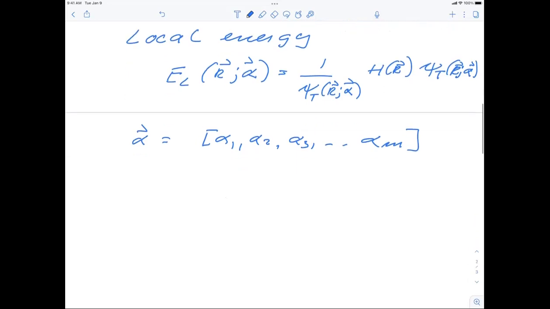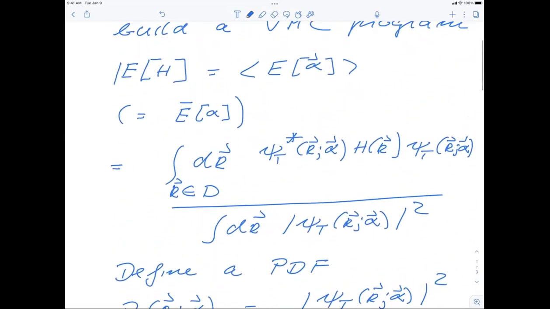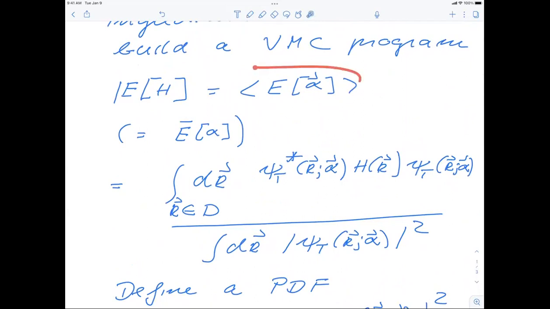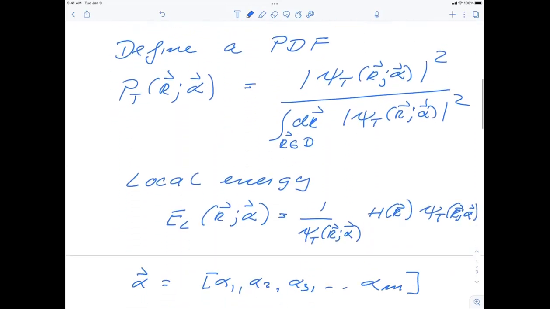So when we now look at the expectation value of the energy, if we go back a little bit and look at the quantities which we have here, then this expected value can now be rewritten in terms of this local energy and the probability. It's pretty easy to see if you go into this place here and insert psi of T and divide by psi of T, then you can recover the following expression.